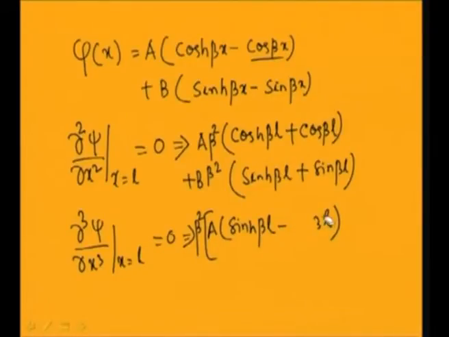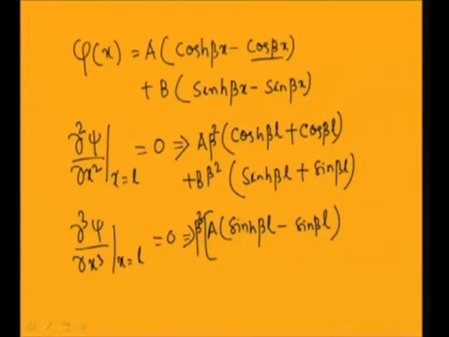So by differentiating it thrice, we get sin beta L. As we are differentiating thrice, this becomes beta cubed, so beta cubed a into sinh beta L minus sin beta L.